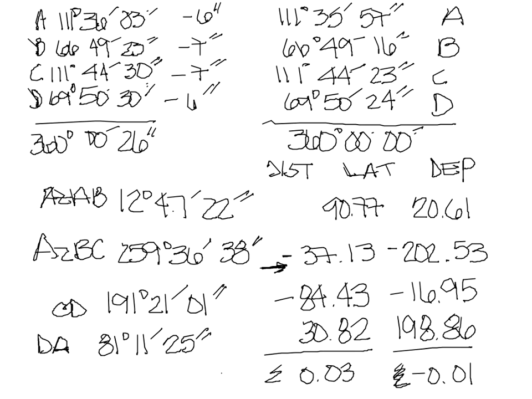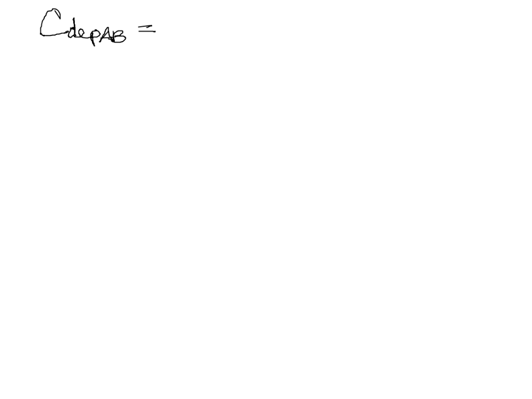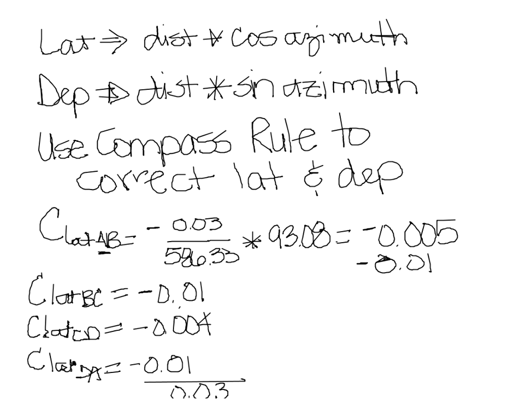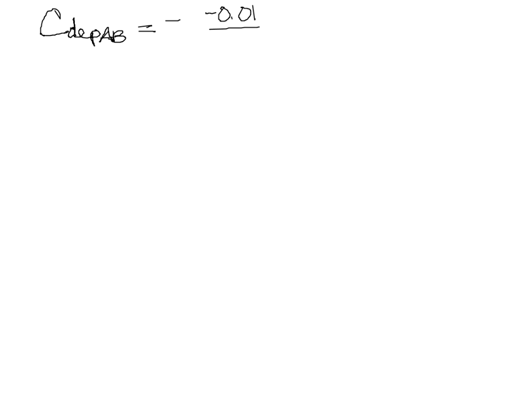The correction to the departure of segment AB would be equal to the error, negative 0.01, divided by the perimeter, 586.33, times the distance of AB, which we know to be 93.08.